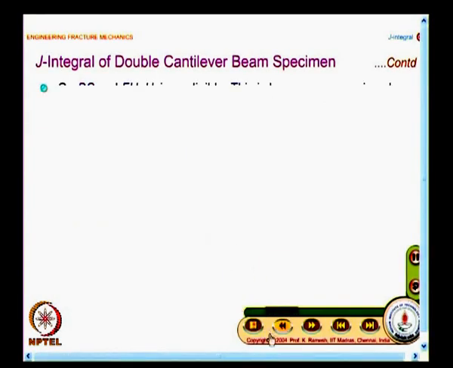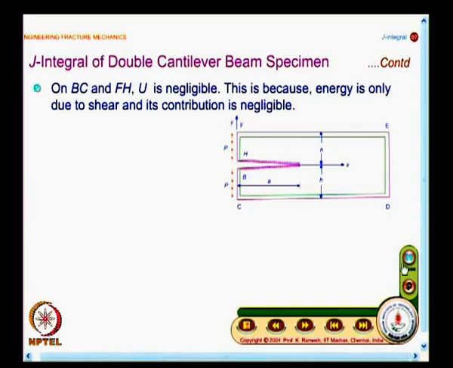So, we essentially have to find out what is the contribution to the J integral through the traction term. And if you look at this surface, I do not have T x, there is no component in the x direction, there is only a component in the y direction.